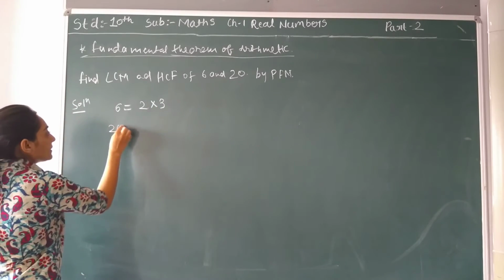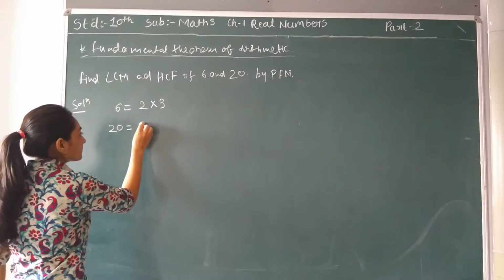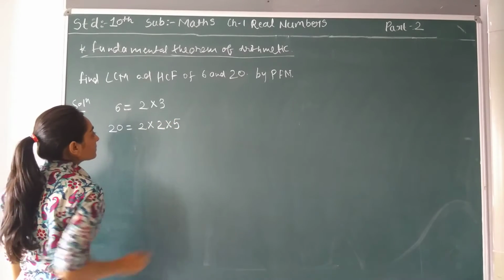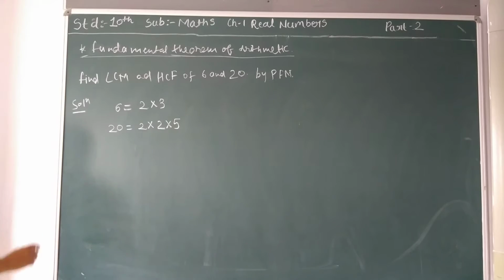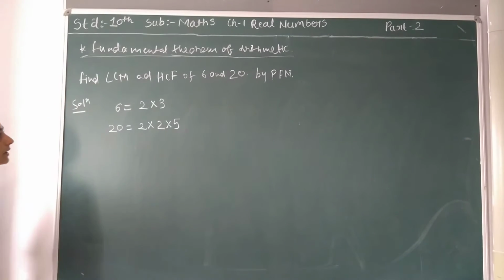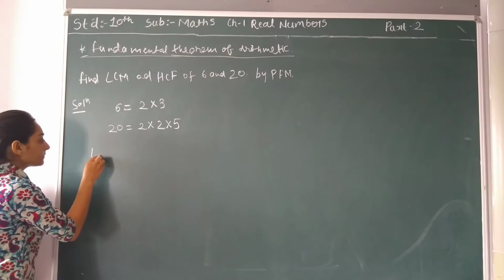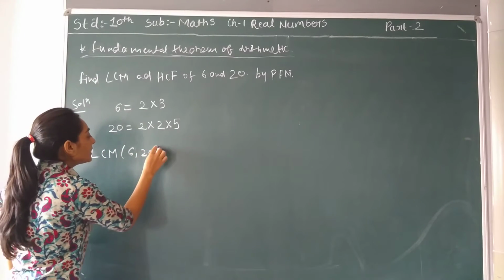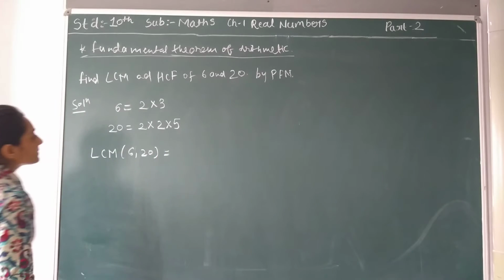Now the factorization of 20 is 2 times 2 is 4, and 4 times 5 is 20. Okay, now the LCM of 6 and 20.